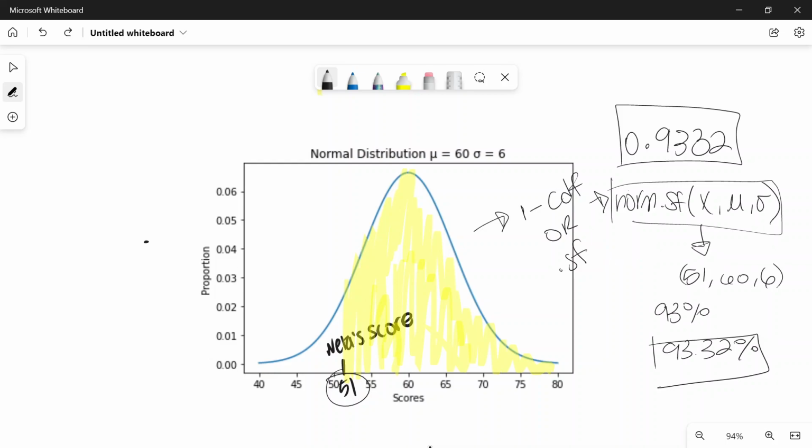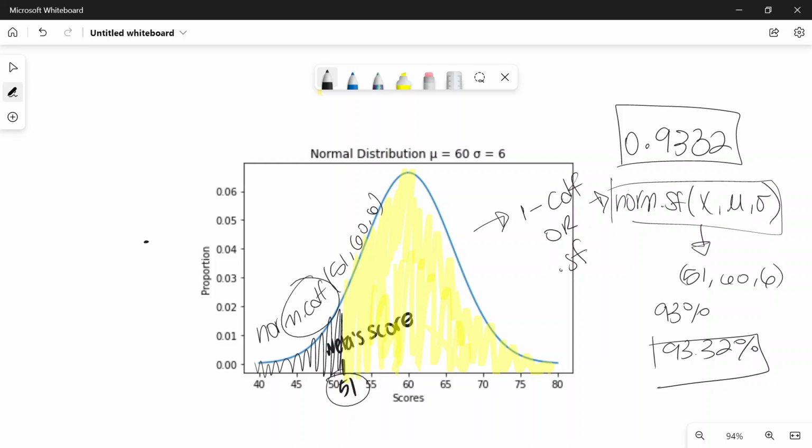Is there anything else I want to mention? Not really. If they were to ask what's the proportion of scores that were below Neta's score, then I would have to find this area over here, and that would just be norm.cdf with the same values, 51, 60, and 6.